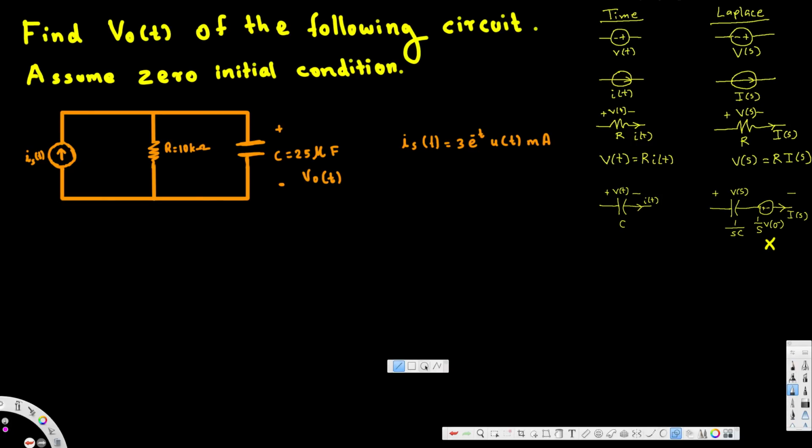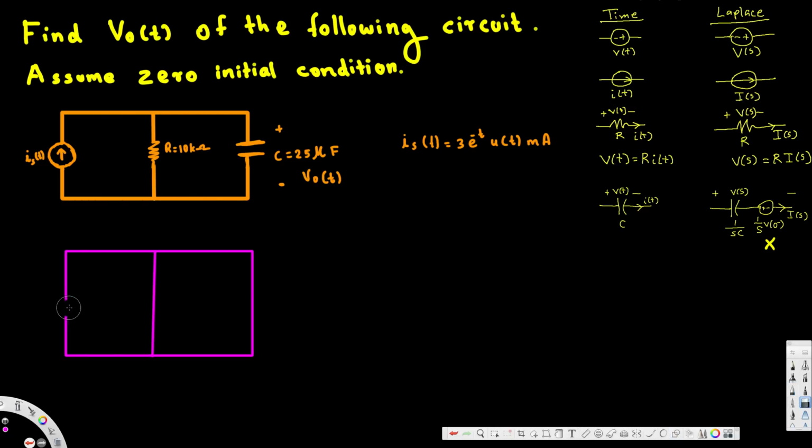So here we are going to have a new circuit, and let's go ahead and plug in the values. The current becomes capital I_s(s), and this resistor remains the same, still 10 kilo ohm.